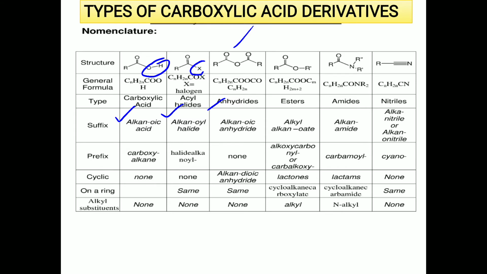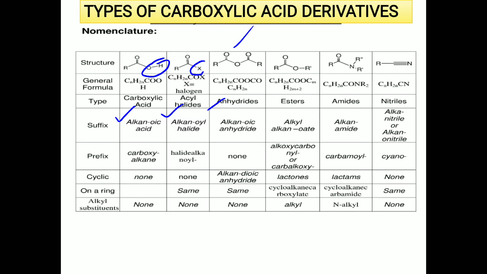So the general formula will become CnH2nCOOCOCnH2n. The suffix for anhydrides will be alkanoic anhydride. There is no prefix used for anhydrides. If this anhydride functional group is present in a cyclic ring, then we name it alkane dioic anhydride, and if this functional group is present on a ring, then the name will be the same as per the cyclic ring.